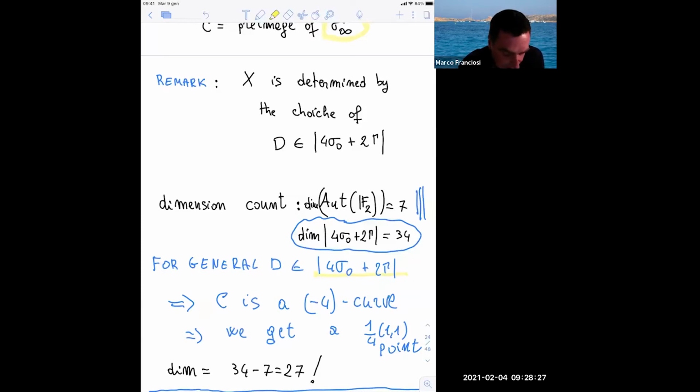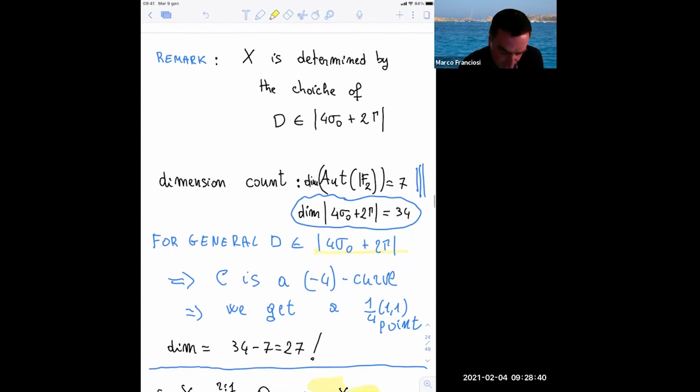For general D, the intersection with sigma infinity is just 2 points, and this gives us a minus 2 curve. That is, this minus 4 curve C obtained by pulling back sigma infinity is a minus 4 curve, and we get a 1/4(1,1) point.